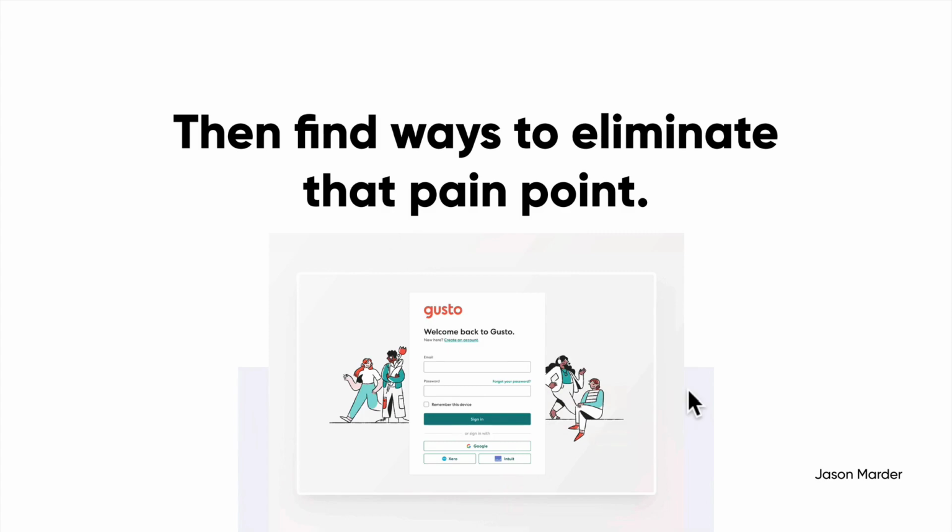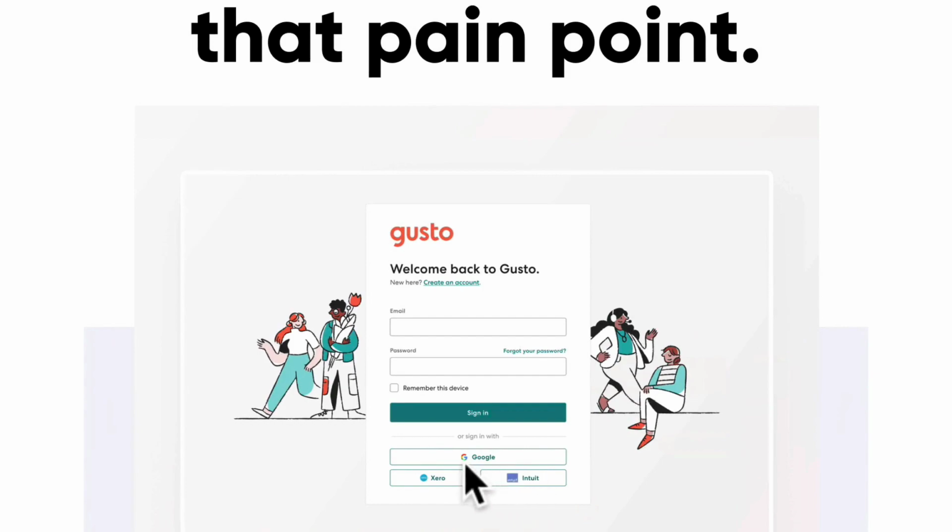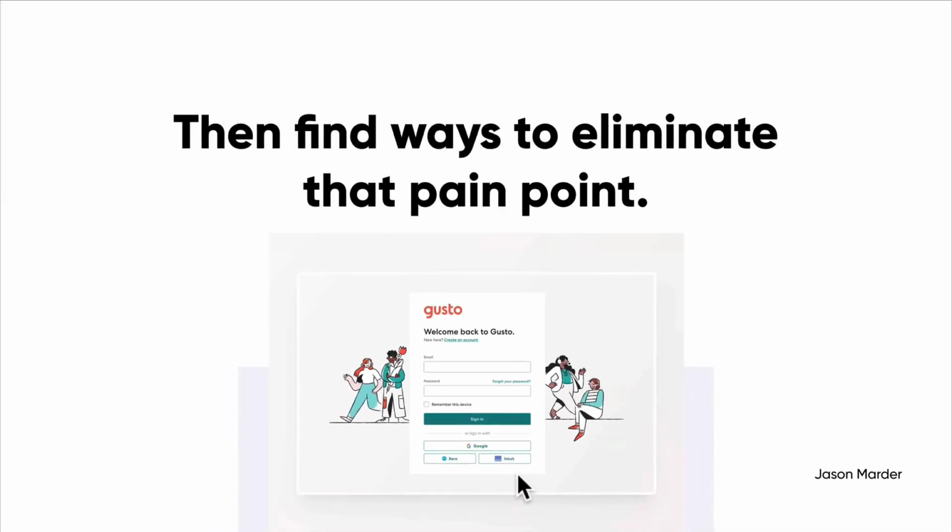That's the next step, the solution. So we want to find ways to eliminate or at least diminish this pain point for them. Here, a solution could be social login, like I mentioned before, or having a remember me checkbox. Those are ways that you can solve that issue that we're all very familiar with.